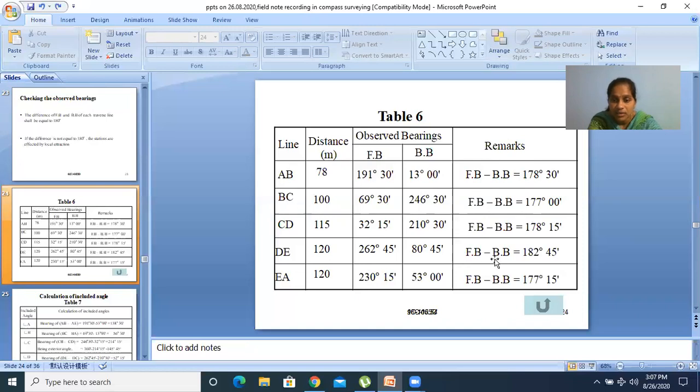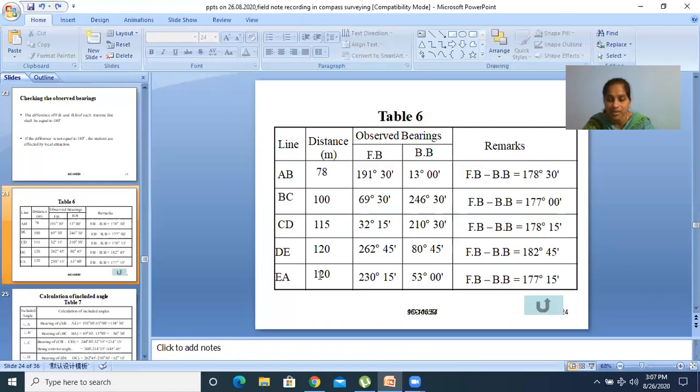For DE, 182 degrees 45 minutes. For EA, 177 degrees 15 minutes. That means no line has a forebearing back bearing difference of exactly 180. That means all the stations A, B, C, D and E are affected by local attraction.